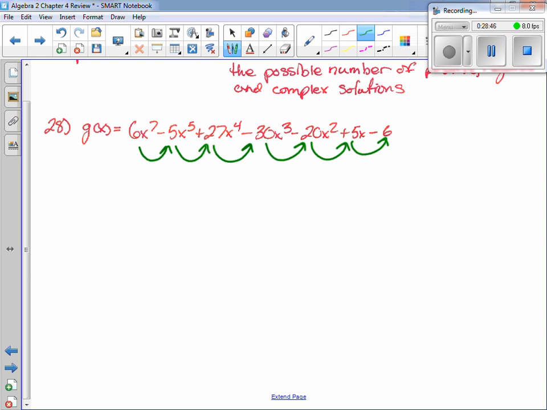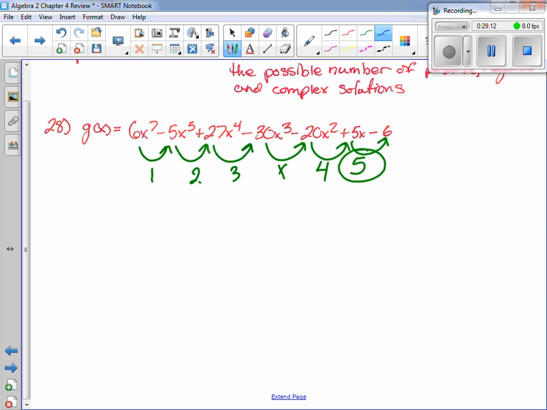So if I look at this here, well, we've got 1, 2, 3, doesn't change, 4, and 5. There's 5 times from one term to the next that the sign does change. So the maximum number of positives that we can have is 5.